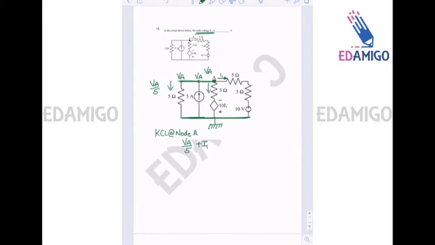The outgoing current in this branch will be the voltage at node A, and there is also one more voltage here, that is minus 10 I1. Since this polarity is supporting voltage VA, it will be VA plus 10 I1 divided by 5 ohms.